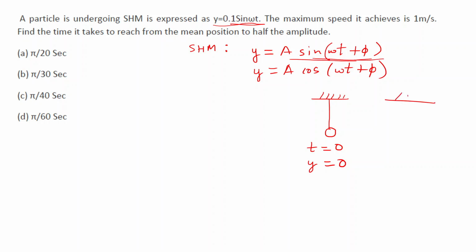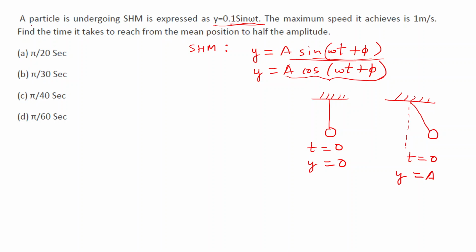If at t equals 0 the motion is starting from this extreme position, that is, the displacement is maximum, then we consider this equation. So these are the two equations of motion for simple harmonic motion.